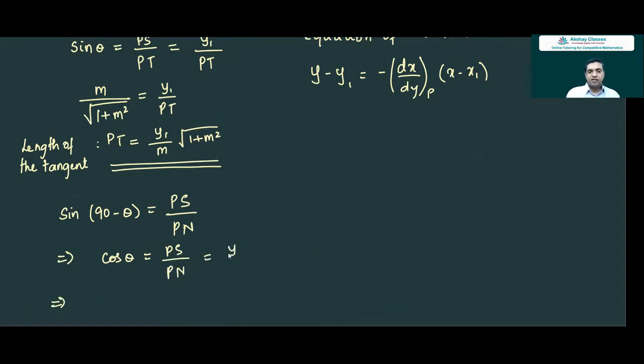So PS is y1. Cos theta will be 1 upon root of 1 plus m square, because tan theta is m.